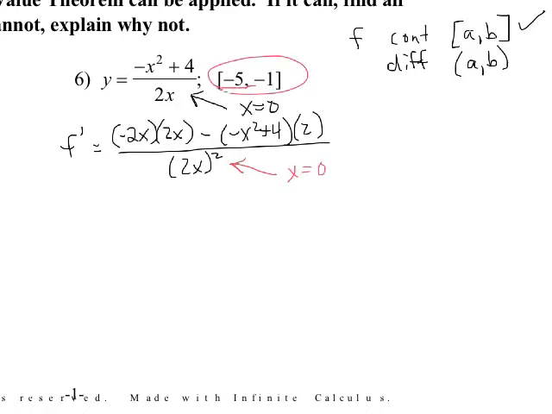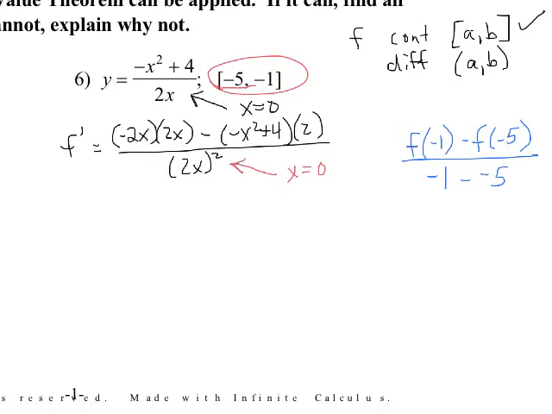So it looks like it is continuous and differentiable there, so we can actually find the value of c that satisfies this. So we're going to find f of -1 minus f of -5 over -1 minus -5. That's the slope of our secant line.